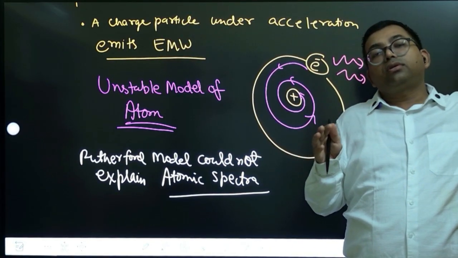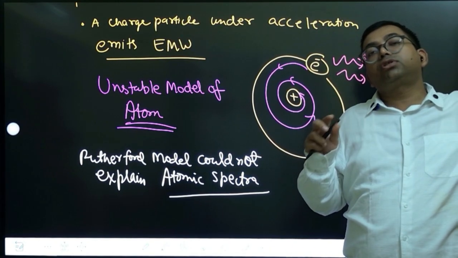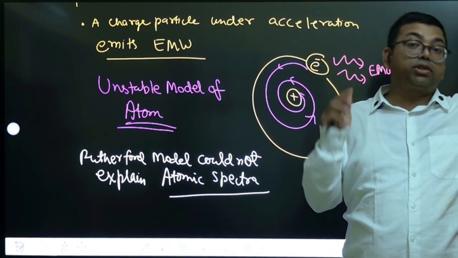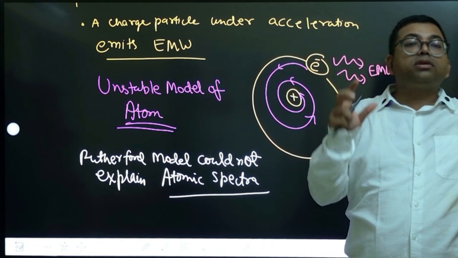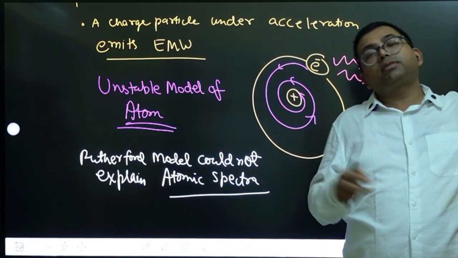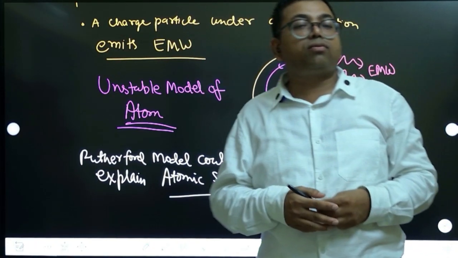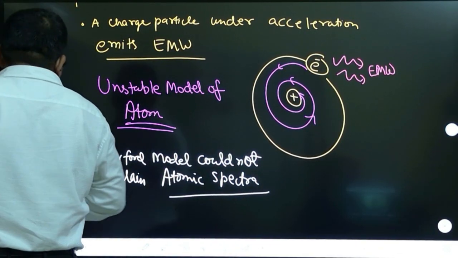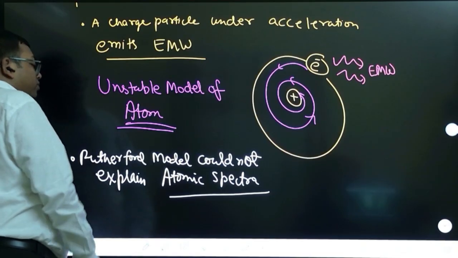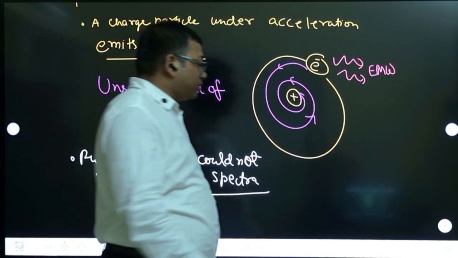So those wavelengths or those kinds of radiations are called atomic spectra. One is called absorption spectra, another is called emission spectra. These absorption spectra or emission spectra could not be explained by the Rutherford model, right? There are many other demerits also, but these are a few important things which were not explained. Then Bohr gave his model. So let us discuss Bohr's model.